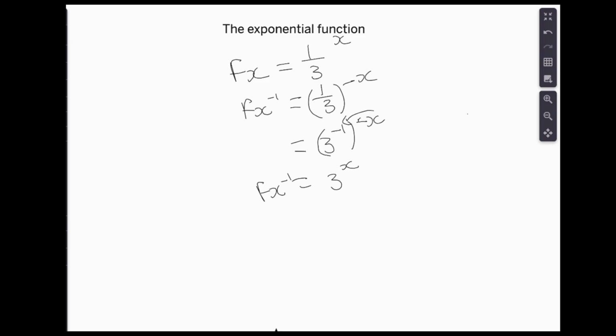So the point of intersection is again (0; 1). Right? Because anything to the power of 0 is 1. So when x is 0, y is 1. And we have the point (0; 1) on the reflected function.